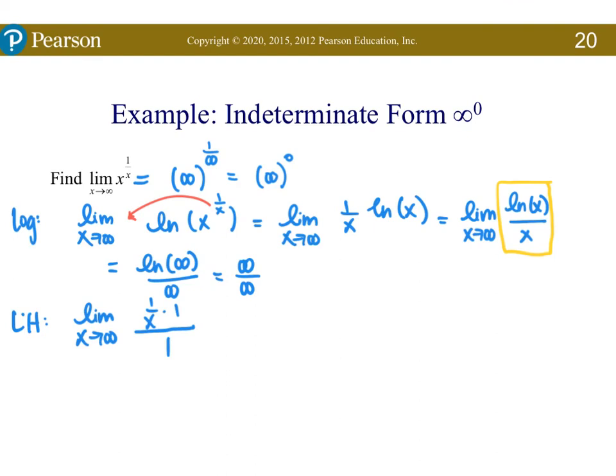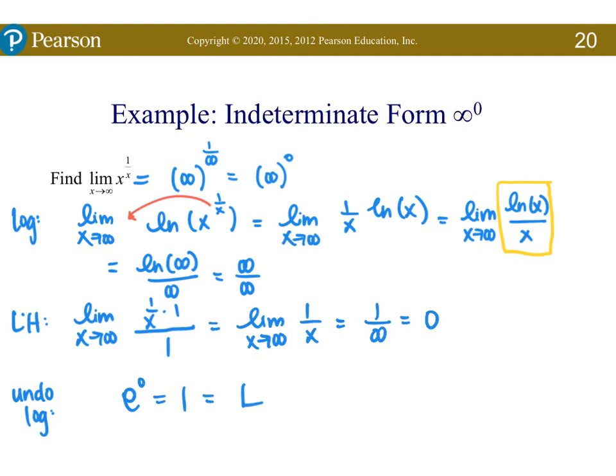So I got off pretty easy this time, and having just the limit as x approaches infinity of 1 over x is all I'm left with. So that's 1 over infinity, which is 0. And my last step is to undo my log. So e to the 0 is 1, which is the value of the original limit.